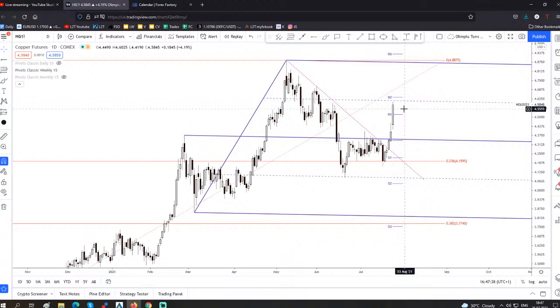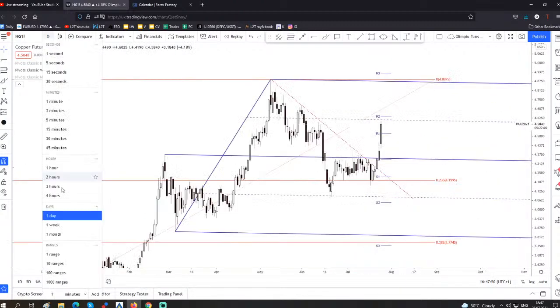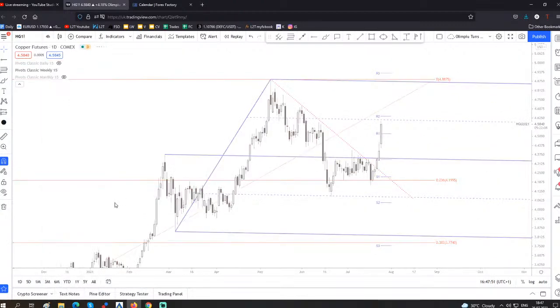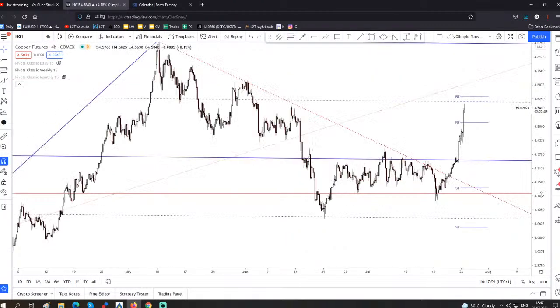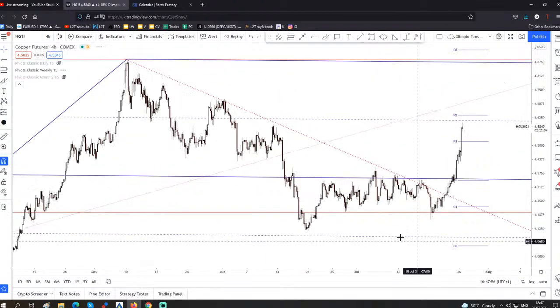But right now maybe it's too late to buy it from here. Maybe we'll have to wait for another decline before catching a new momentum, a new rally here in Cooper. But I believe that the swing trading group members have received something like maybe a long in Cooper.